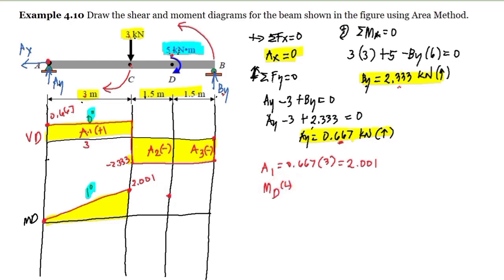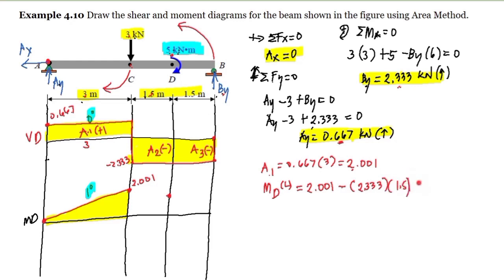Sa left side. That is equal to the area 1 or the moment at that point, that's 2.001. I have to subtract that with the area 2. And the area 2 is negative 2.33. So, hindi ko siya ilalagay na yung negative dito kasi nag-negative na ako doon. So, you have 2.333 multiplied by the distance 1.5.